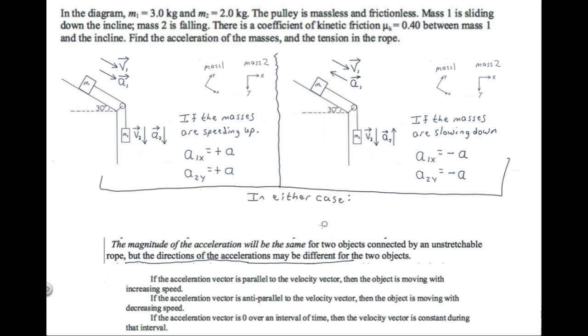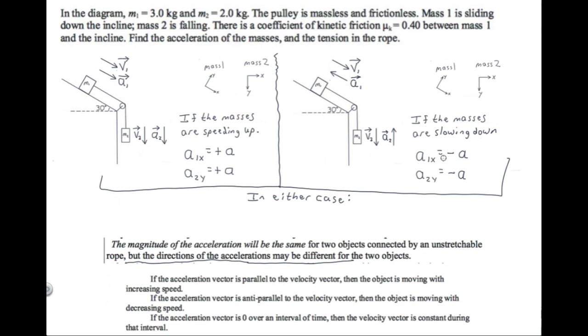Now remember that our goal is to get something definite that we can substitute into our Newton's second law equations. Well, if there's two different cases, how do we know what to substitute? We'd like to come up with some type of equation that applies to both cases. What can we say that's true of both cases so we have a single thing to plug into our Newton's second law equations?